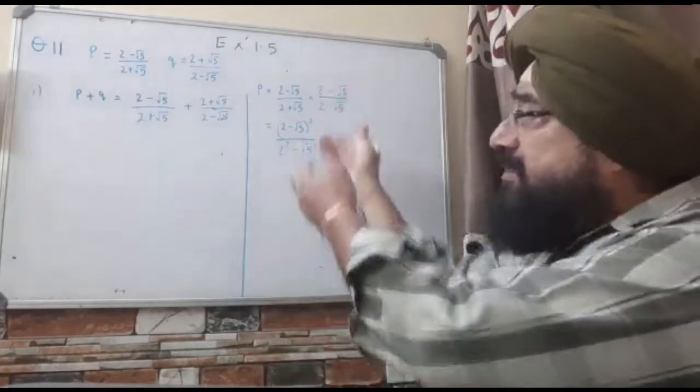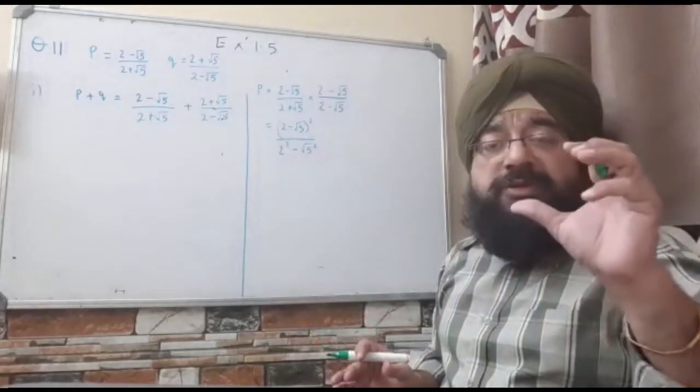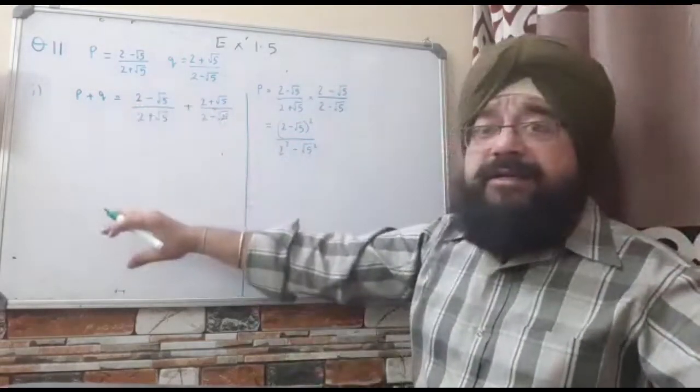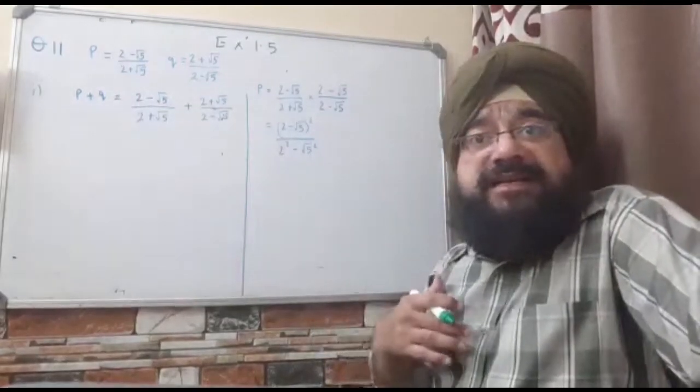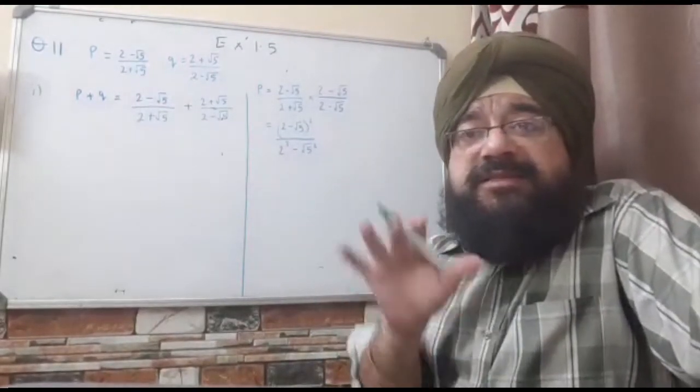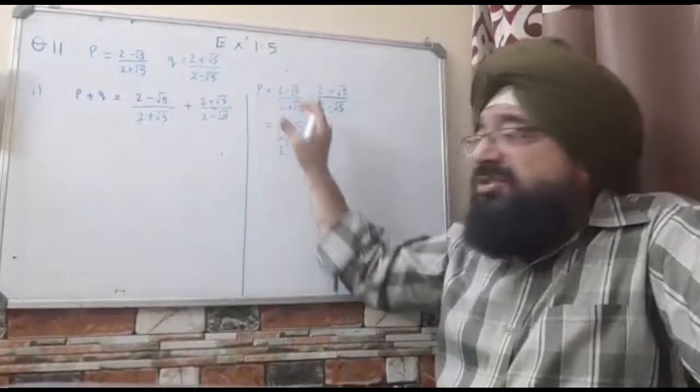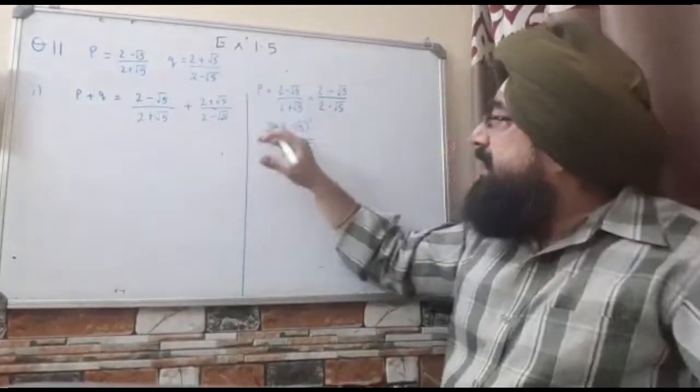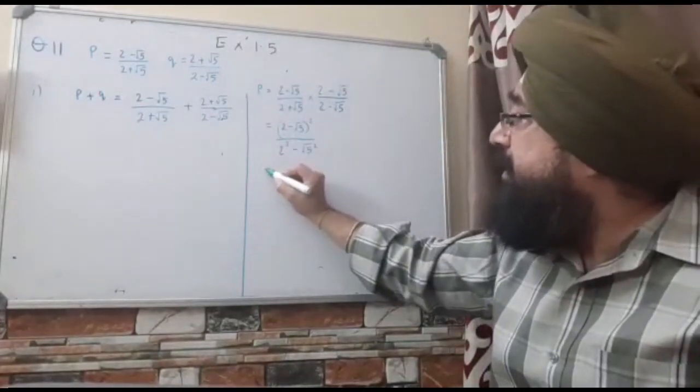Now why am I doing this first? Because I want to show you what trouble you are saved from if you do it directly. For that you must at least have experience of this trouble. This is not a trouble at all, but this is what you do without finding them separately. I am doing it for P right now.